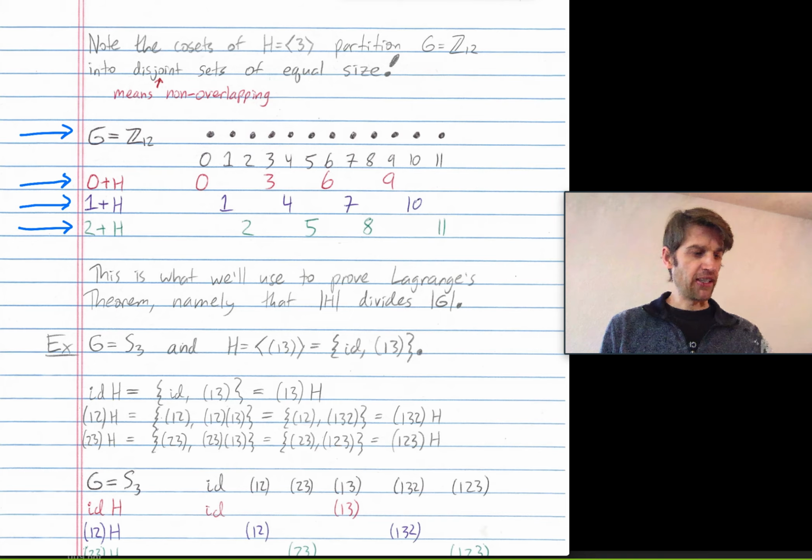You'll see that G has been split up into 3 groups corresponding to these 3 cosets. And each group has the same size, namely exactly 4 elements. The red group has 4 elements, the blue coset has 4 elements, and the green coset has 4 elements.